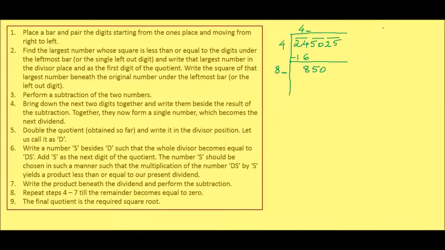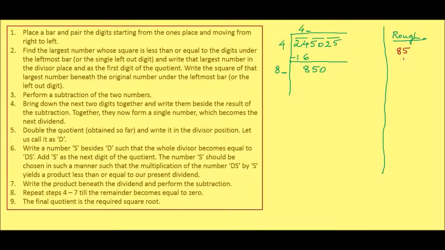So again, we draw a rough column. Now let me take up another color. Now we have to get one digit over here, 85. So let us take 5. If we have 85, let's see what happens. S is equal to 5.